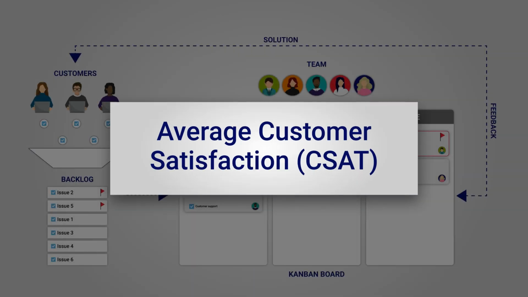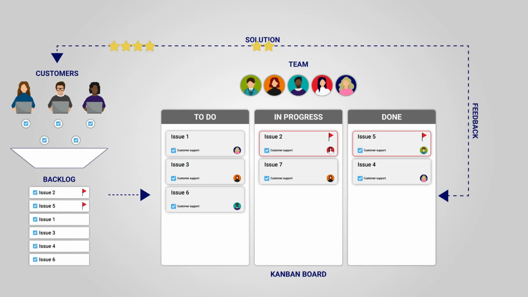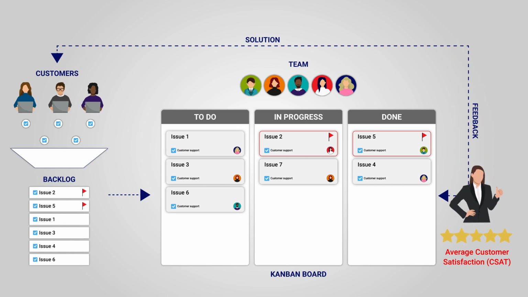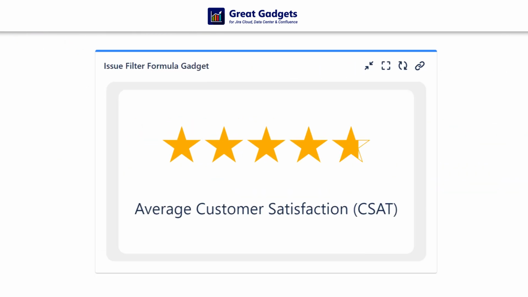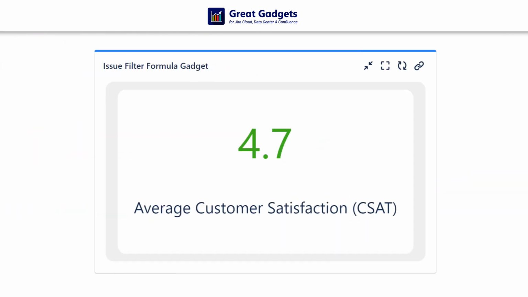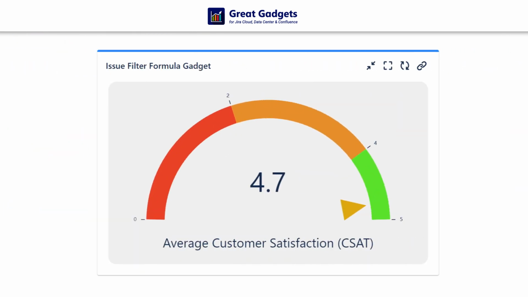Measuring customer satisfaction is essential for your overall business success. The average customer satisfaction is an important metric to track, to see how satisfied your customers are with the service provided. By using the issue filter formula gadget offered by Great Gadgets app, you can easily calculate the average customer satisfaction score, and display it on a 5-star scale, as a colored number, or as a gauge chart.